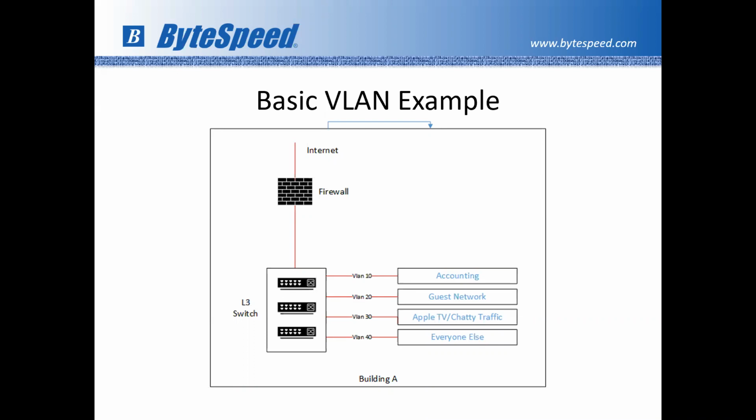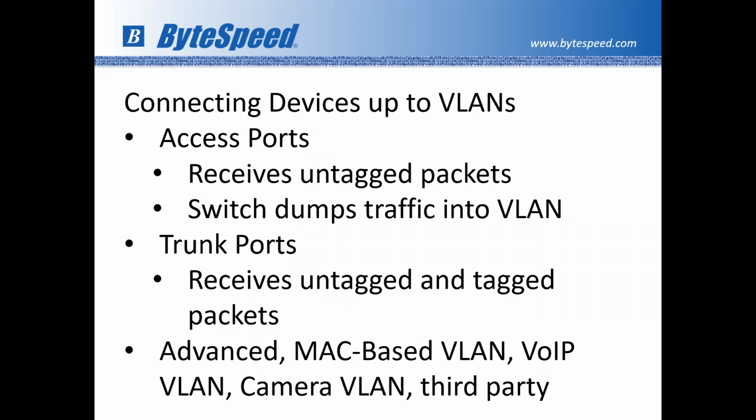I take his computer, plug it into port 20. I then configure that port to go on the accounting VLAN. Again, it will take traffic that's untagged, put it in that VLAN, and anything else on that access port is dropped.